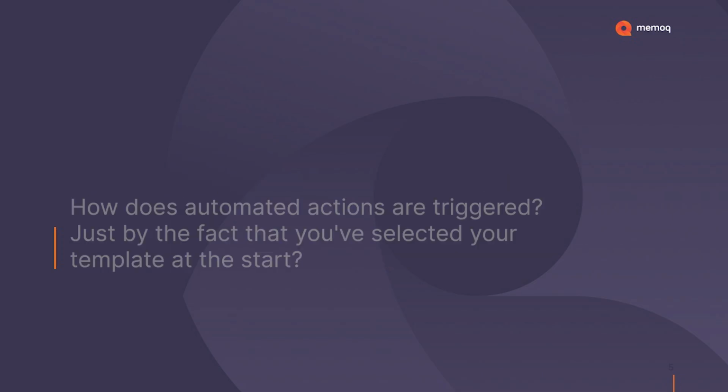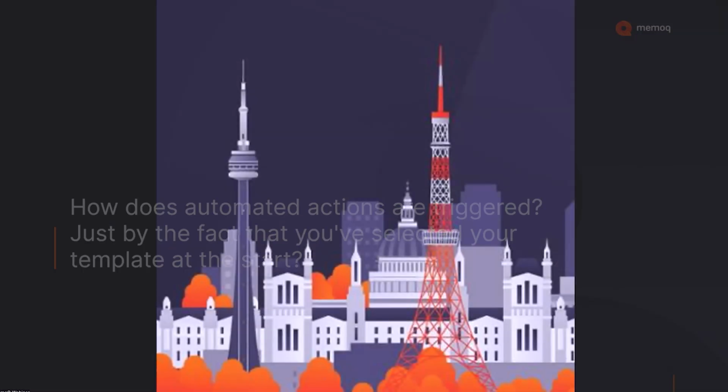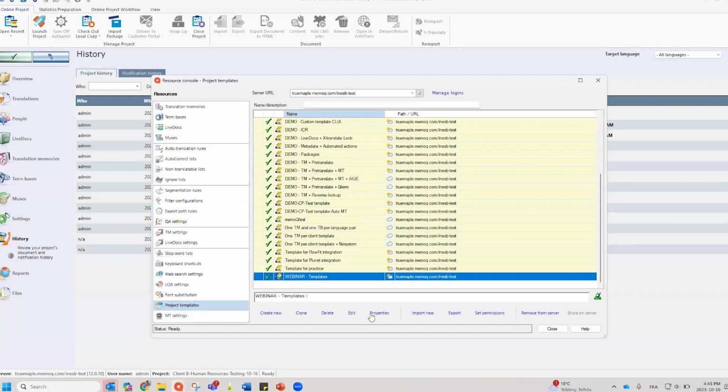The next one, how are automated actions triggered? Just by the fact that you've selected your template at the start. So the way that it works exactly, let me share my screen again. Let me go back to my template.